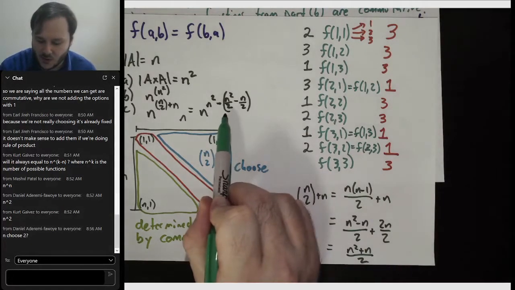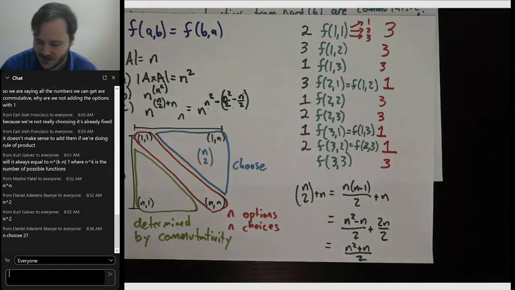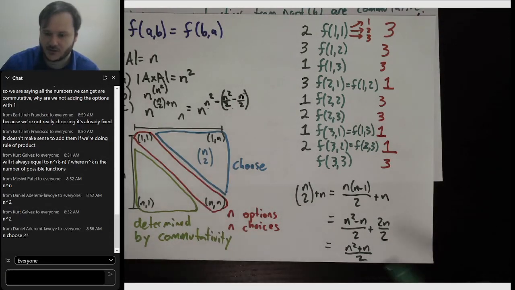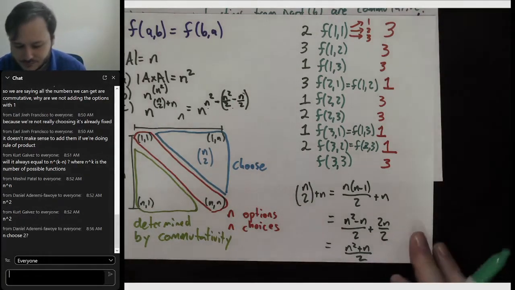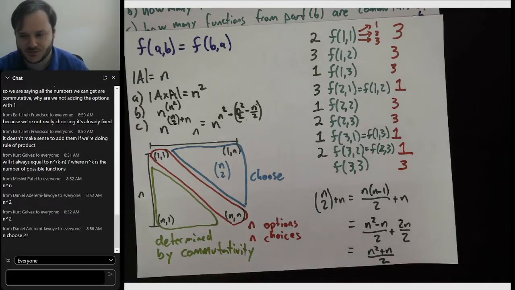So it's not that I want k minus n, it's that I want n squared minus this value. And that'll give me n squared plus n all divided by 2. This is a very difficult question, and I've done it a little bit quickly because there's more stuff I want to talk about today.